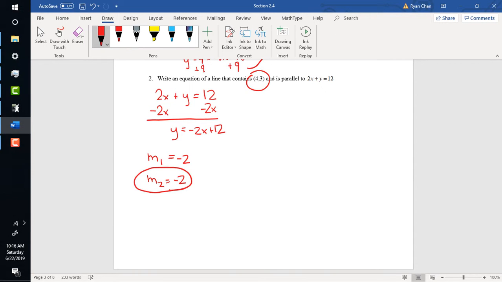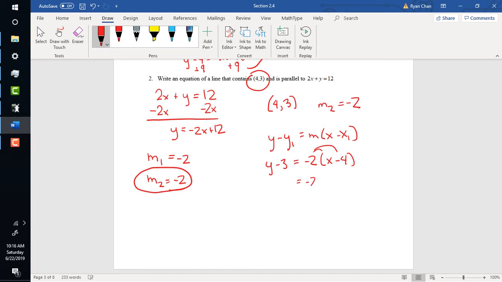I know my coordinate and I know my slope. So I'm going to do y minus y1 equals m times the quantity x minus x1. So y minus 3 is equal to negative 2 times the quantity x minus 4. And distribute. Everything I'm doing right now, we know how to do. And I'll add 3 on both sides. That's it.